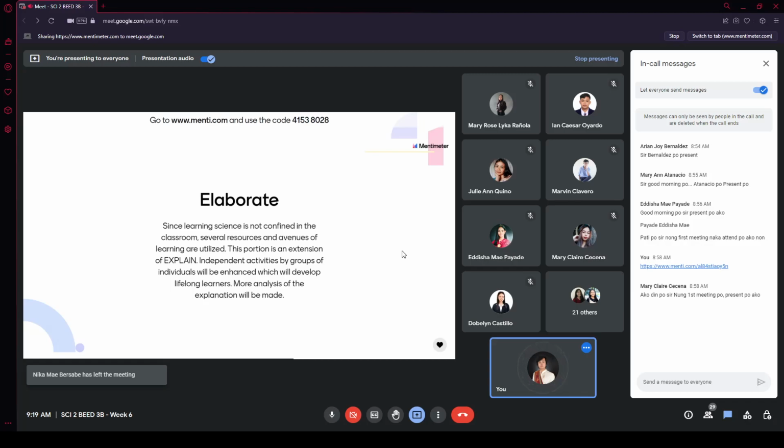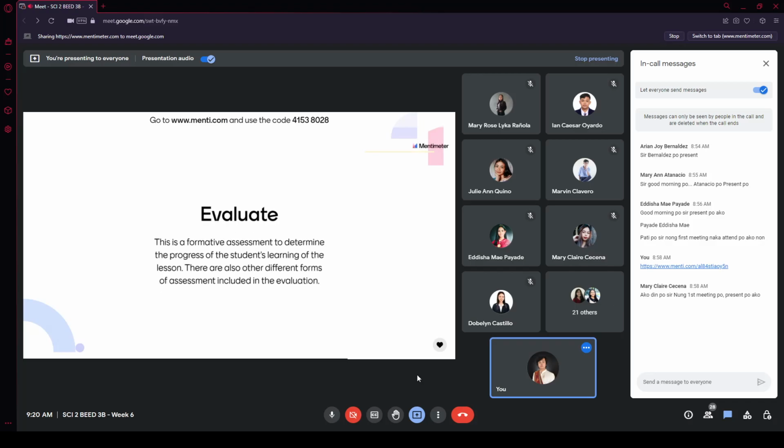Okay. So if elaborate is more on hands-on activities again, but on a deeper level, then the next step would be evaluate. For evaluating, as the name implies, this is a formative assessment to determine the progress of the students' learning of the lesson.